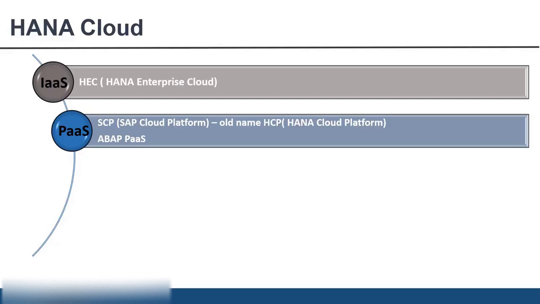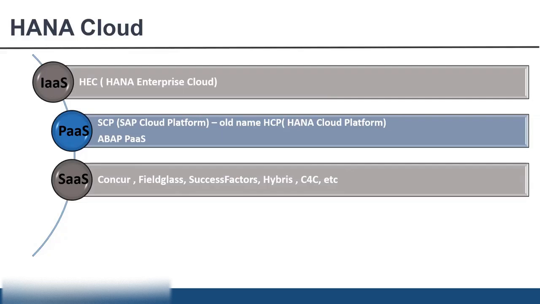Now it is called SCP. You can use ABAP as a programming language on top of SAP Cloud Platform, which is called ABAP Paas. For software as a service, SAP has introduced different applications like Concur, Fieldglass, SuccessFactors, Hybris, C4C, etc.